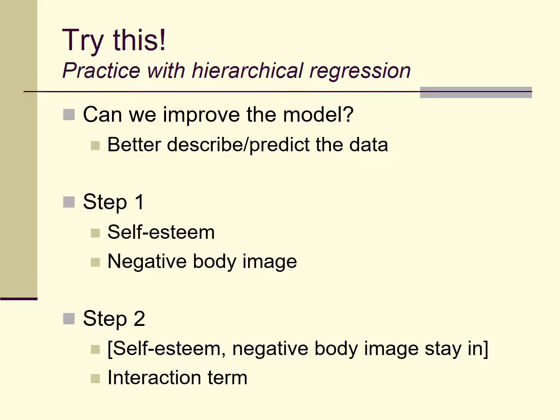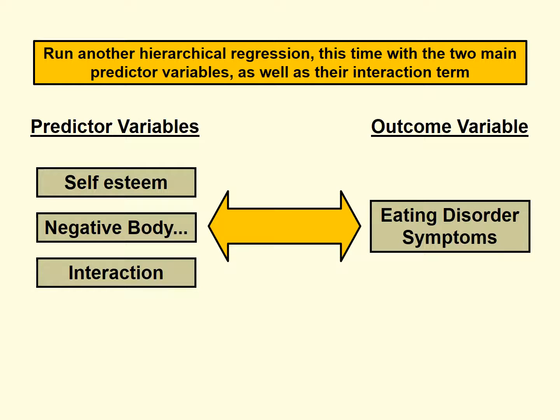Maybe there's research that suggests that these variables interact, or there's clinical experience that leads us to think that they do, or there are theories which say that the interaction of these two variables, these two constructs, are important. So let's test that. Let's include an interaction term. To represent this pictographically, we're basically just adding a predictor variable, that being a predictor variable which represents the interaction of our two main predictor variables, kind of like this.